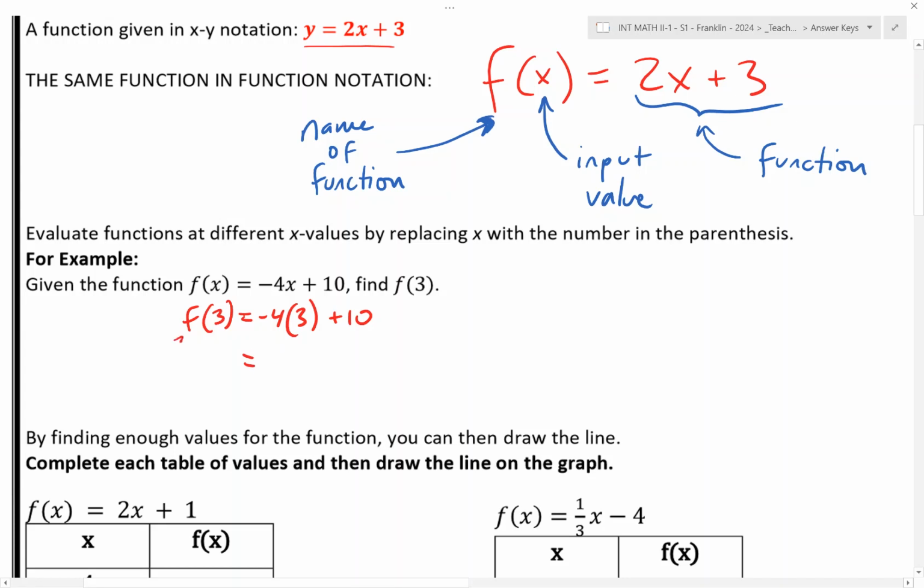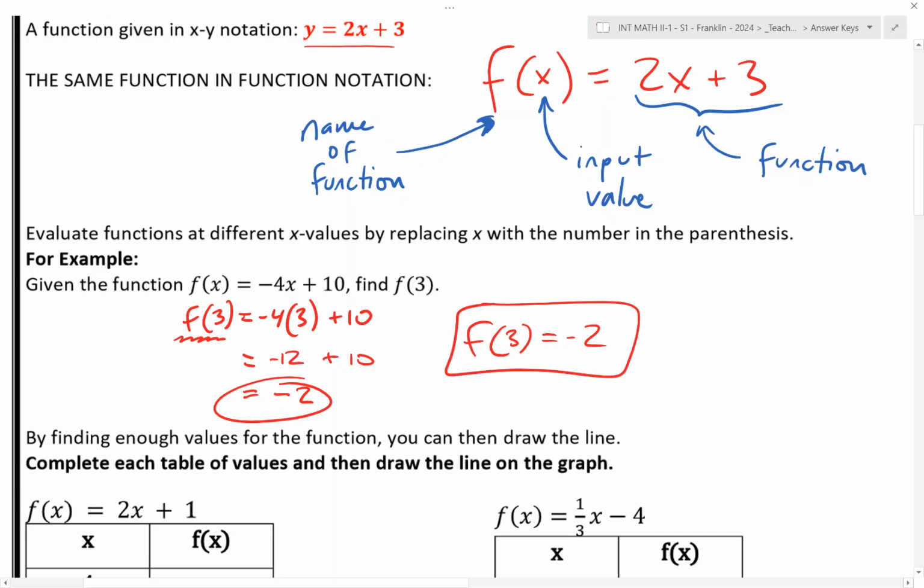Now the f of 3 part, that's just the name of the function, remember, and the input value. It's not needed for this next part. So just evaluate the work. Negative 4 times 3 is negative 12. Then we have to add 10 to it, so it's negative 2. So we know that the value of f of 3 equals negative 2 here.